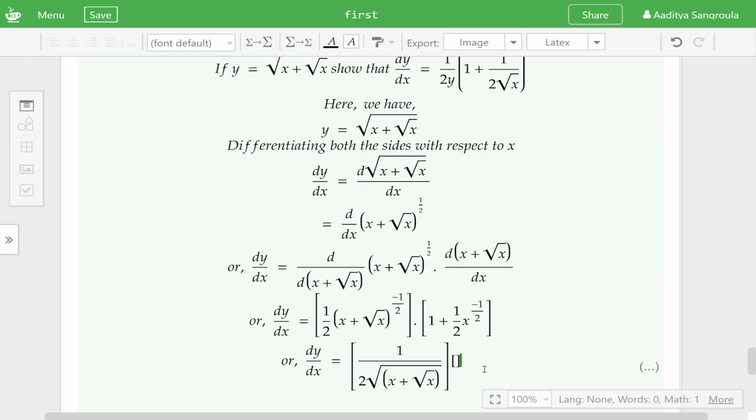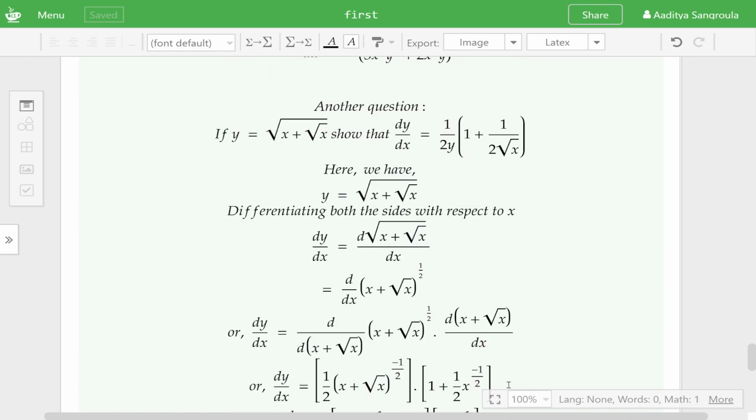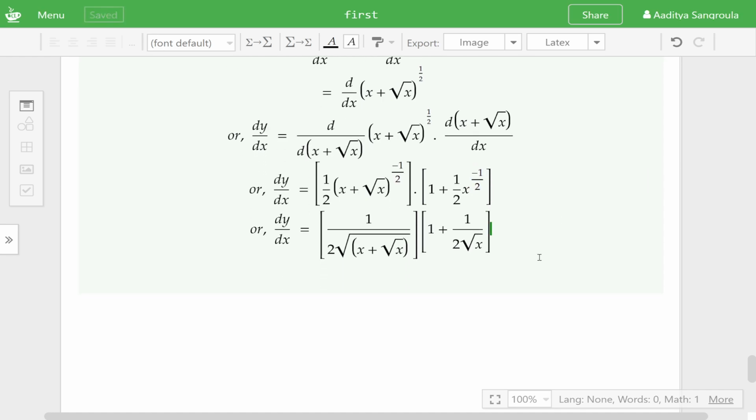And now again times 1 plus 1/2, and in the denominator, root x, because that's x to the power minus 1/2.